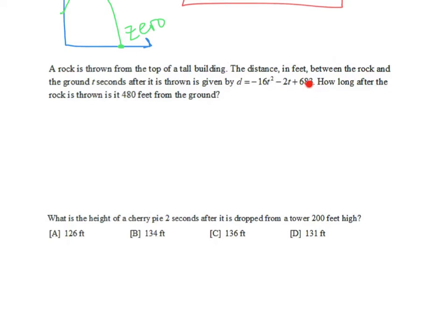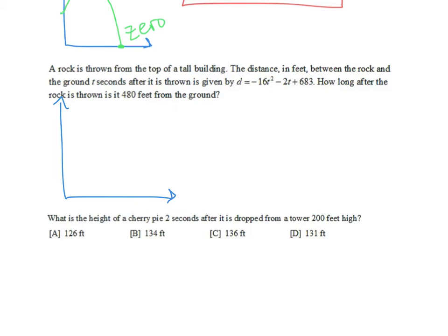That means it was launched from a height of 683 feet because of that number, and it was launched downward, that's why it's negative, at 2 feet per second. But the question is, how long after they throw it down is it at 480 feet? Again, I want you to take that equation and put it in y1 and graph it. Pause and get it graphed.